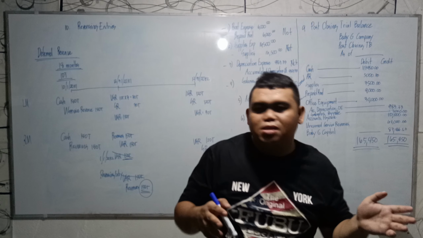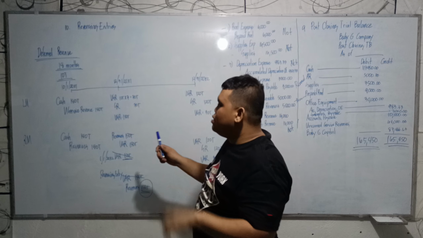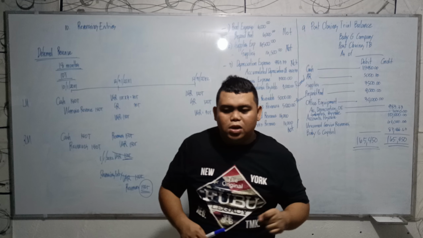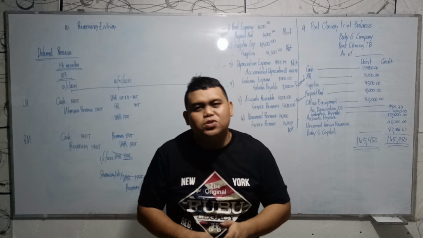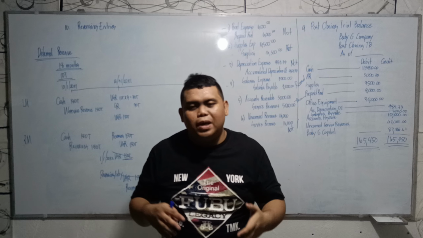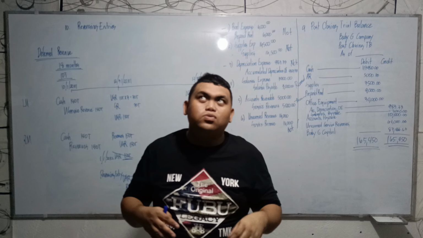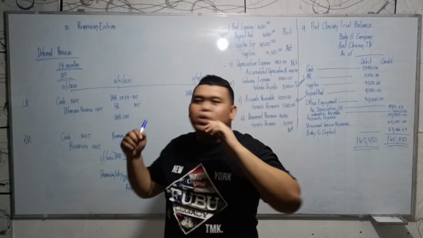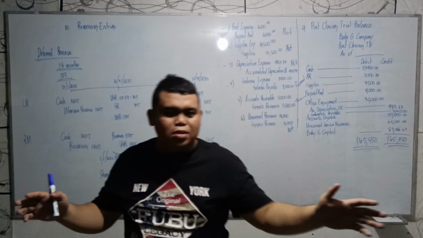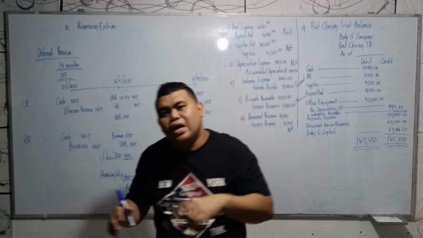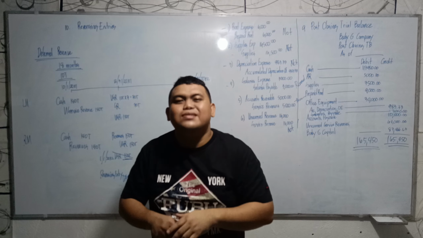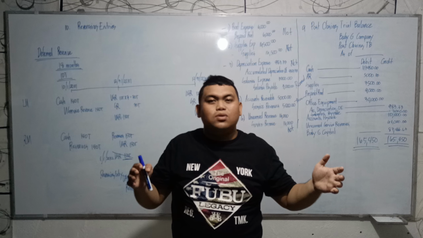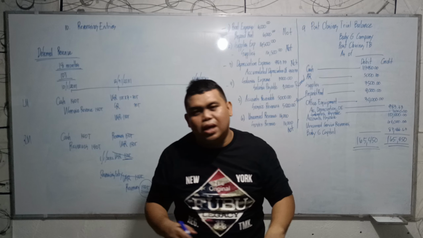So if that's the case, you have to treat it using revenue method and using expense method. So that's it for the accounting cycle for service entities. I am hoping that we are going to go to the next level, which is on the merchandising aspect. Still, we're going to have the accounting cycle step 1 to step 10, and we are going to have a comprehensive problem also, so that you will see the step 1 to 10 of the accounting cycle for merchandising entities.